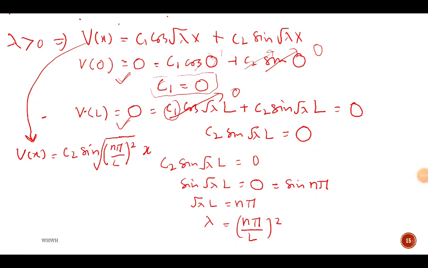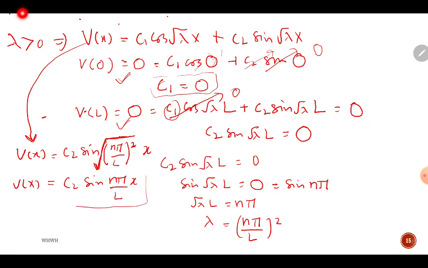Okay, so maknanya kat sini kalau ikutkan square root dengan square ni dia akan cancel each other kan. So kita akan dapat C2 sin n pi x over L. So it seems that for lambda more than 0, we have a solution.